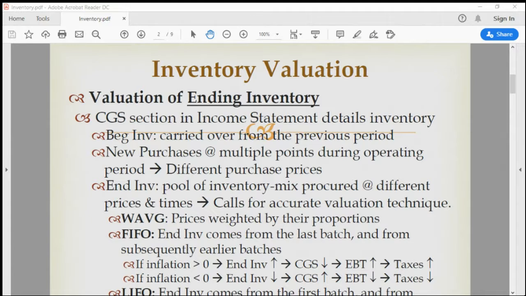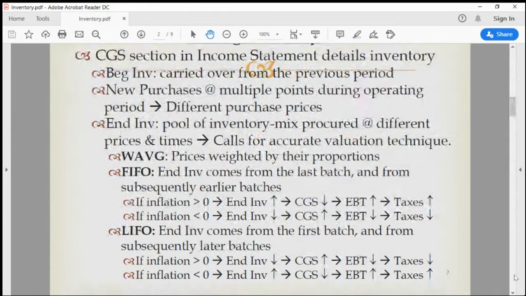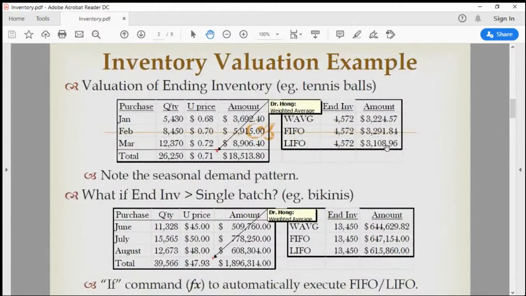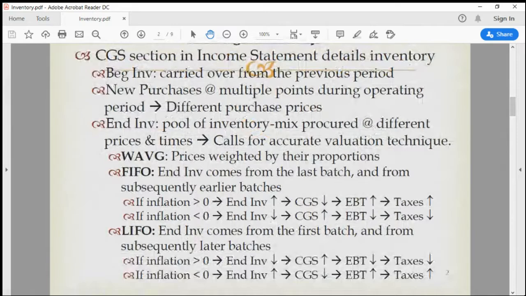In this example, LIFO gave you a smaller ending inventory value, and FIFO gave you a greater ending inventory value. But then, what difference does it make?